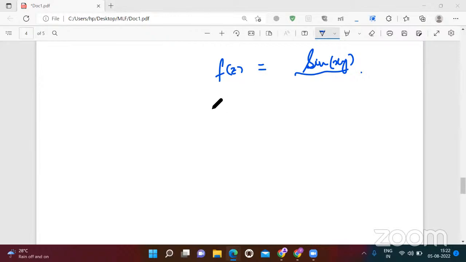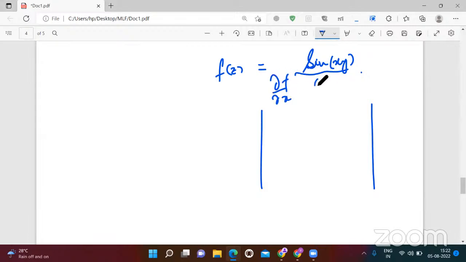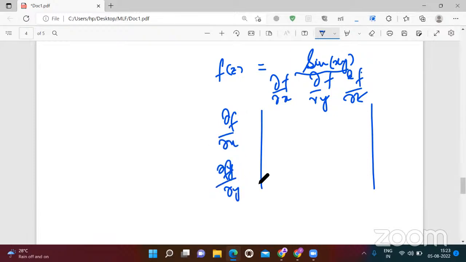If you have been asked to calculate the Hessian matrix, just write del of del x, del of del y, del of del z. Similarly, you can do del of del x, del of del y, and del of del z. So the intersection is what? You have to differentiate this function twice with respect to x.